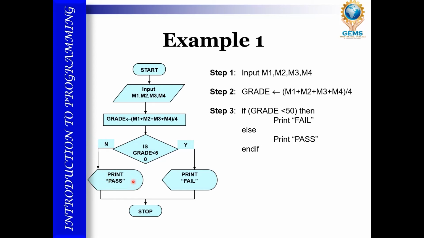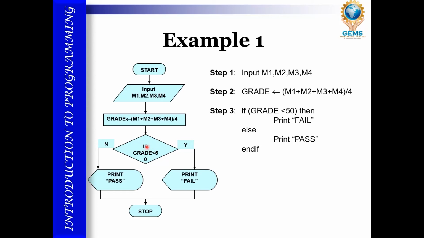As I told you, this symbol is used for the output operation. This symbol name is called hybrid. So these two symbols are used for the output. Here the condition given is grade less than 50. The third step in our algorithm says: if grade is less than 50, print fail, else print pass.